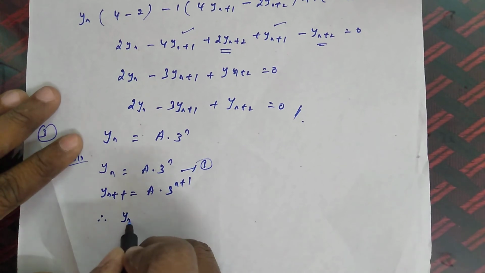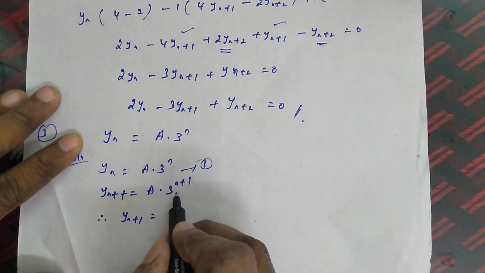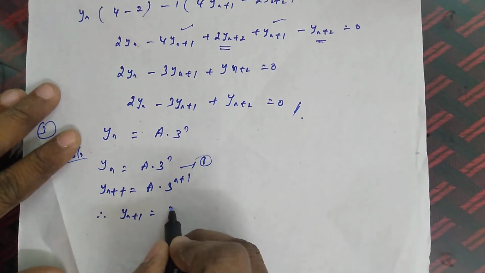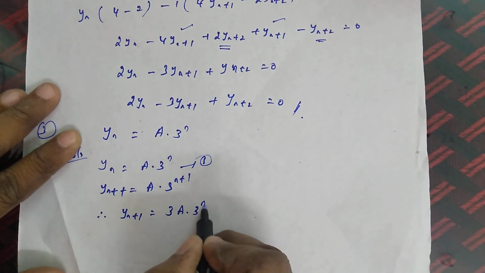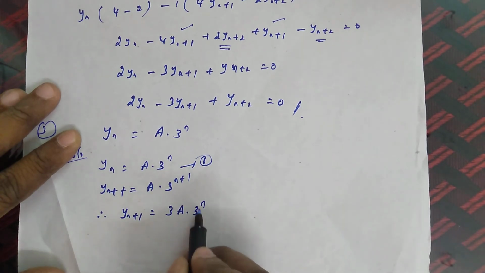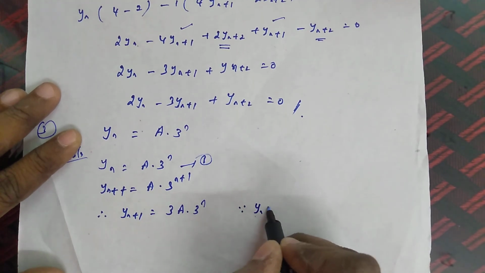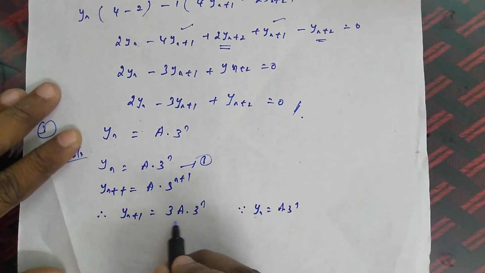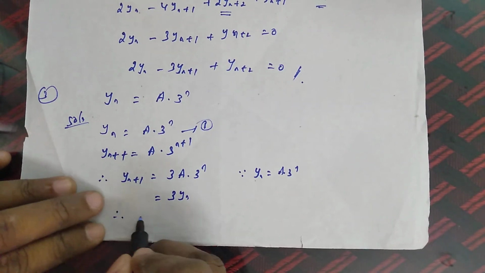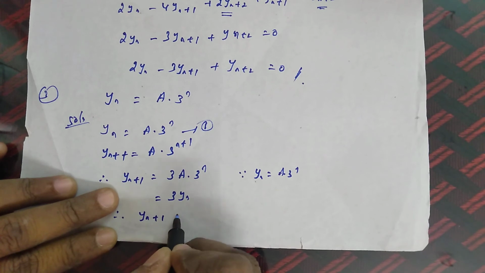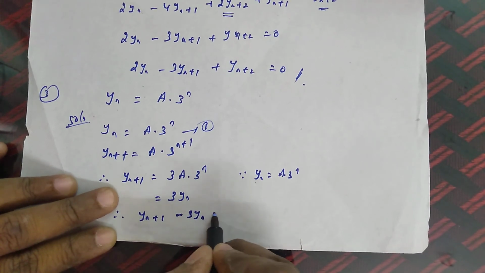Therefore, yn plus 1 equal to, this 3 power n plus 1 can be written as 3a into 3 power n. Now this a into 3 power n is nothing but yn, since yn equal to a into 3 power n. So we can replace this as 3yn. Therefore, yn plus 1 minus 3yn equal to 0.